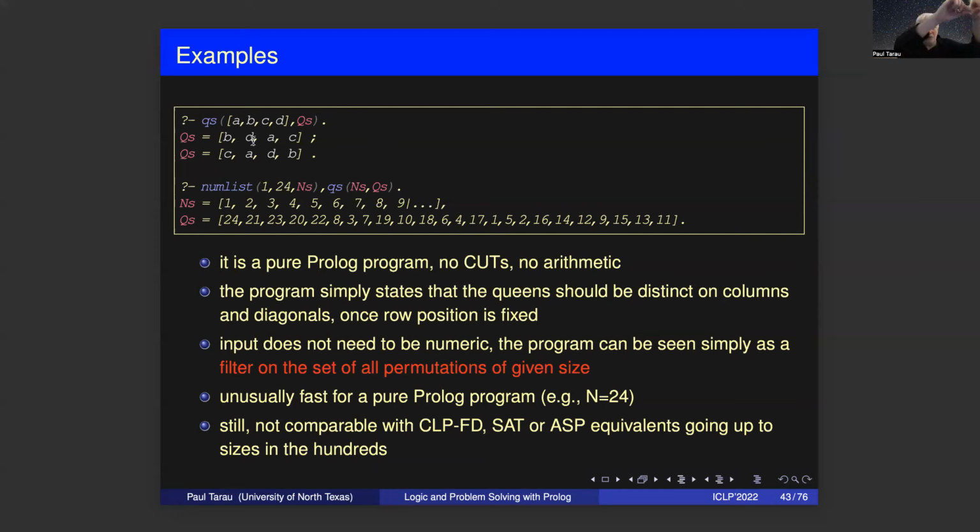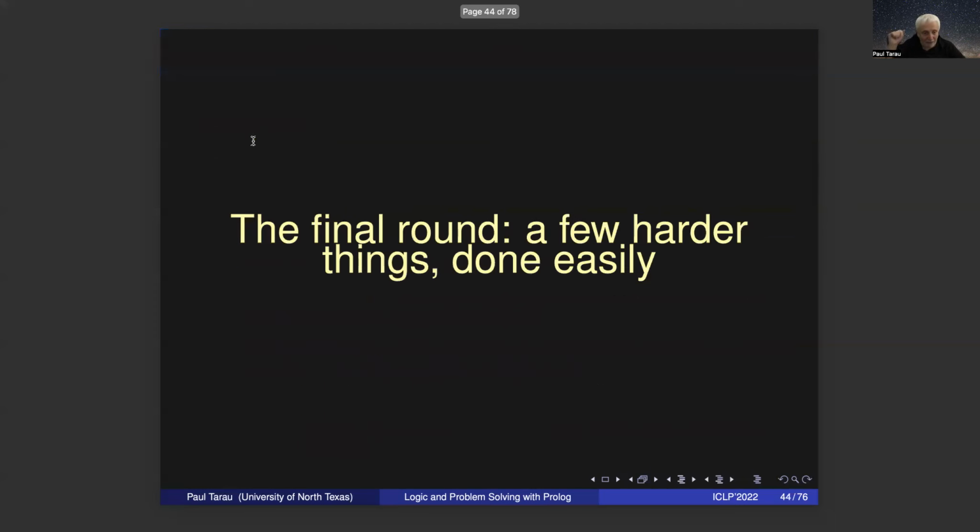So if ABCD represents the queens like this, the permutations that would come out would position them up or down on the columns of the board, okay? So you can think about 8 queens as a filtering algorithm on the set of all permutations. And the same story for Sudoku, with a bit more variation on what those permutations would be.